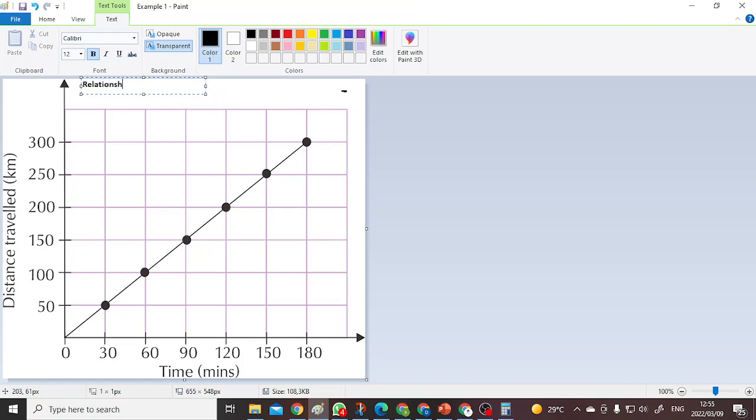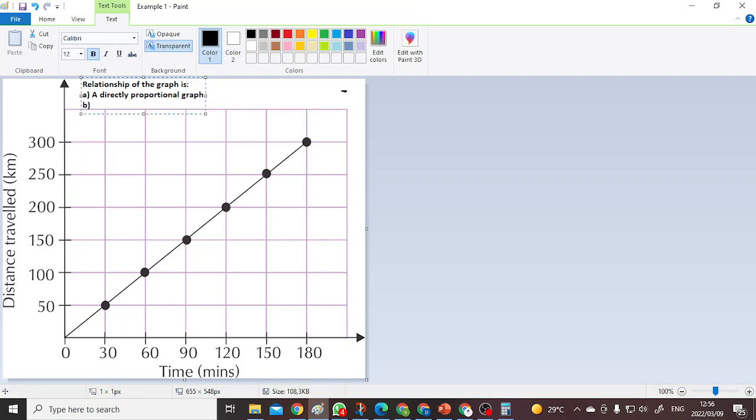Relationship of the graph is, there are 2 ways to show it. A, directly proportional graph. Okay, that's the one way.